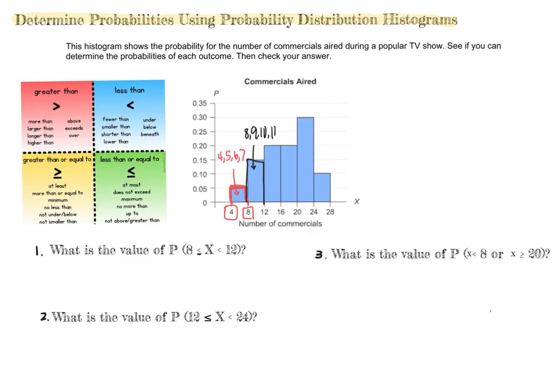So in other words, the range of numbers includes 8, but does not include 12. So that would be this range right here, or this bar. So what you're looking for is, what is the probability of X being between 8 and 12?